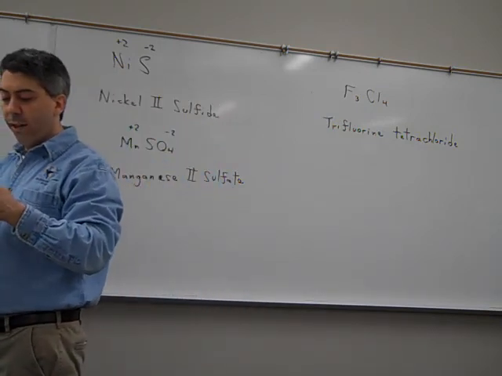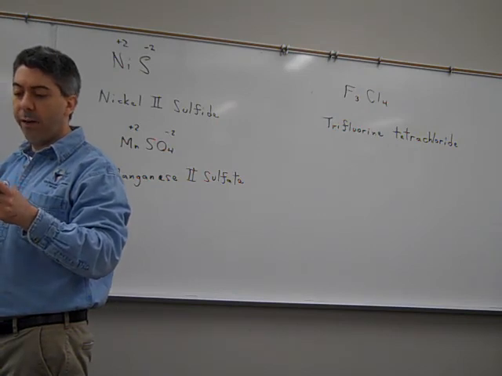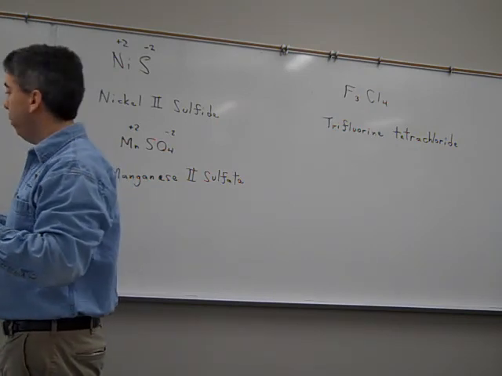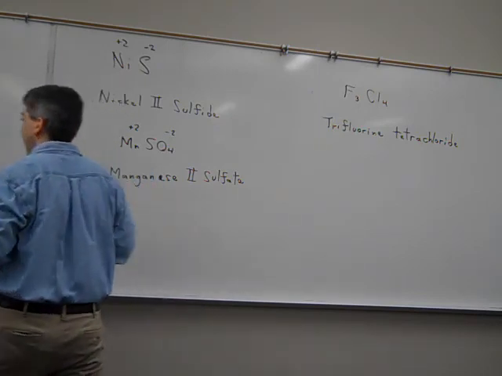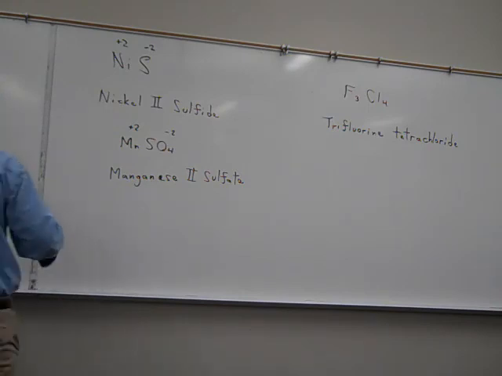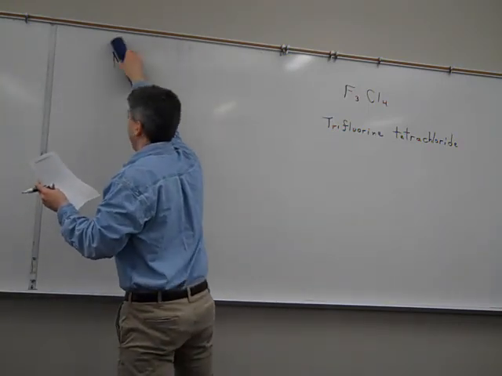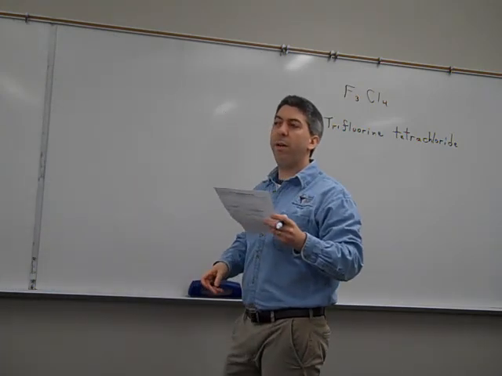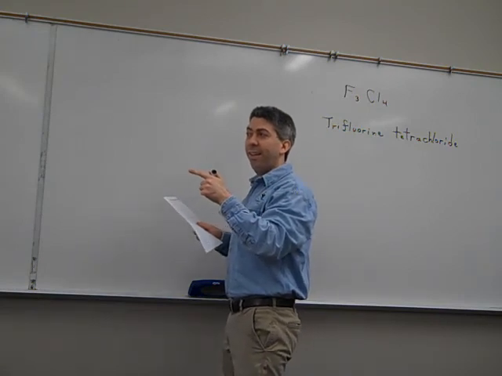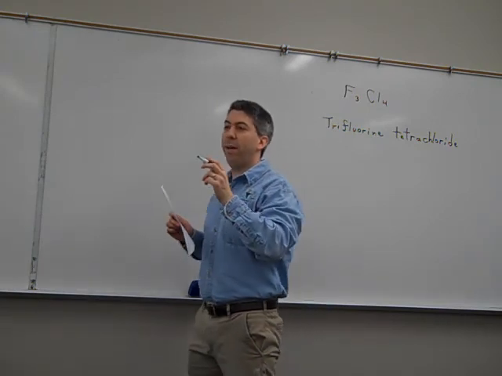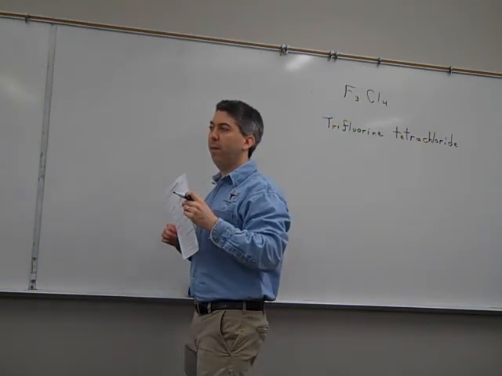So to that end, let's do a couple of the writing formulas ones. Let's start with number 21, barium hydroxide. What's the first thing I want to do to write the formula? What's barium? It is a metal. So what type of compound is it? Ionic. What is the symbol for barium?